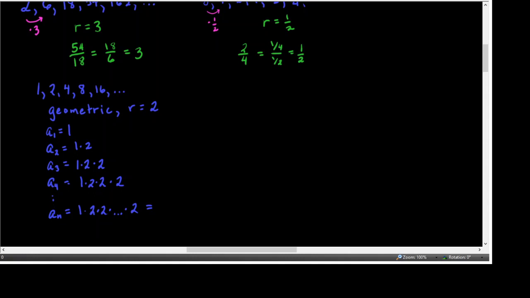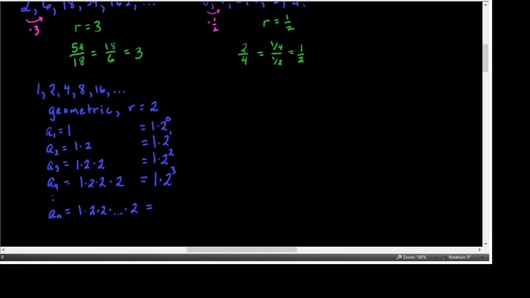And let's go to a sub 4. That's 1 times 2 times 2 times 2. Another way to write that is 2 cubed. The one before that is 1 times 2 squared. The one before that, 1 times 2 to the first. And actually the very first one is even 1 times 2 to the 0, following that pattern backwards.